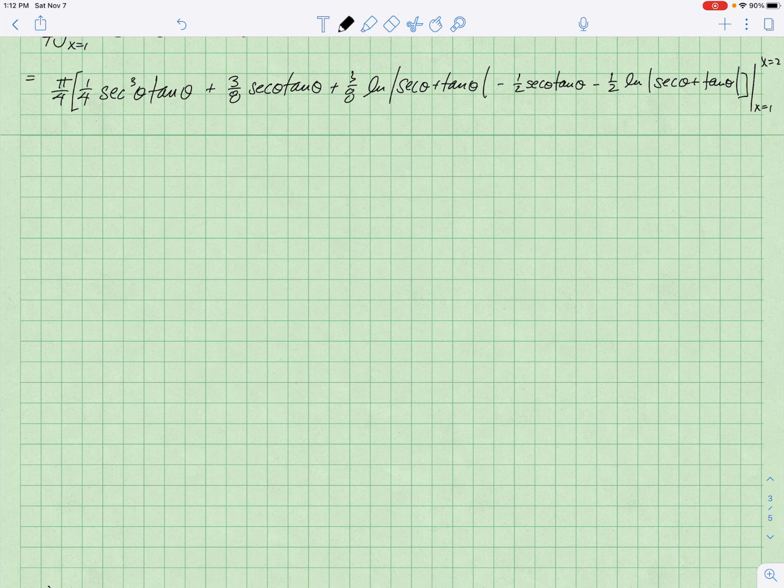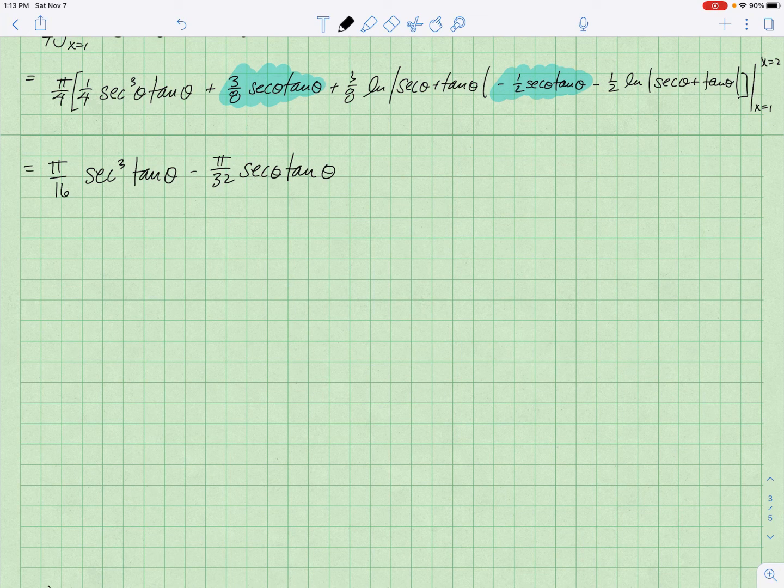Okay, so let's collect some like terms here and clean this up. This is pi over 4. Let's just multiply that out. Pi over 16 secant cubed theta tangent theta. Plus, let's see, we have a few secant theta tangent thetas. So 3/8 minus 1/2 is 3/8 minus 4/8 is negative 1/8 times pi over 4 is negative pi over 32 secant theta tangent theta, I hope.